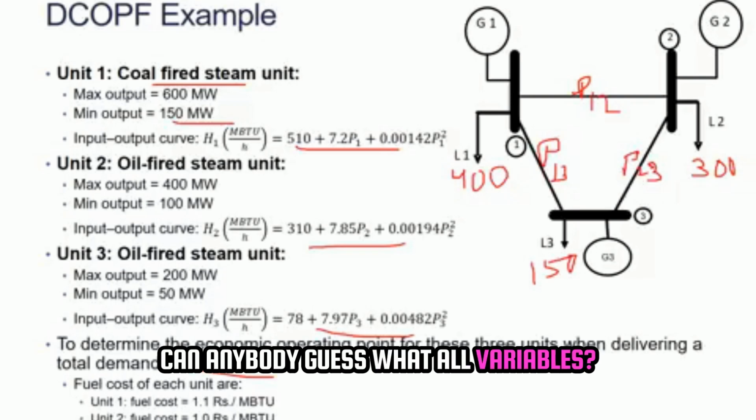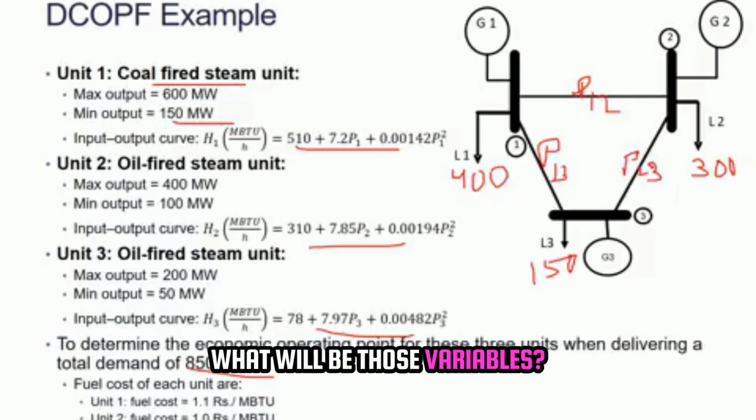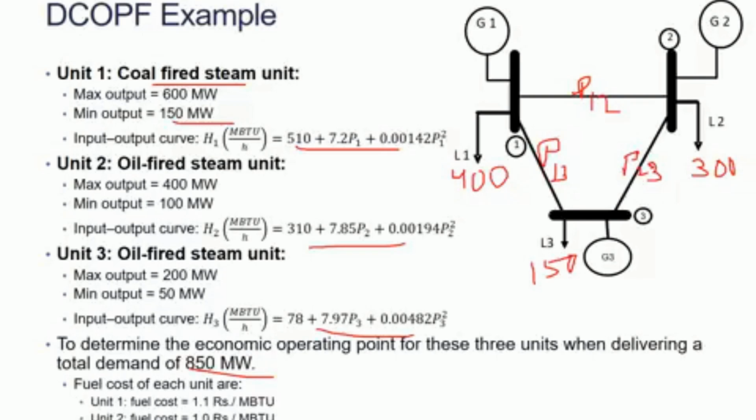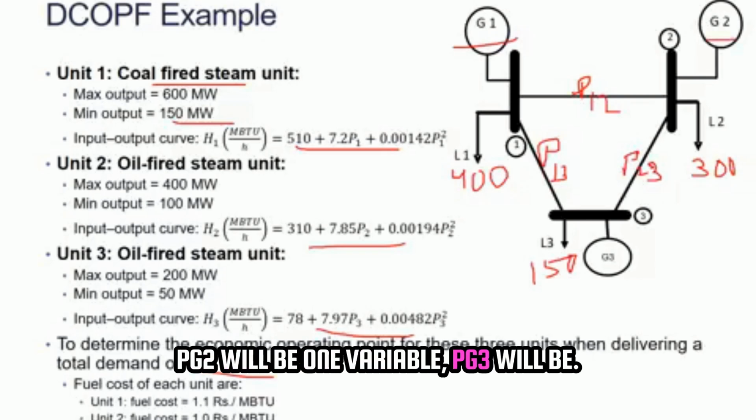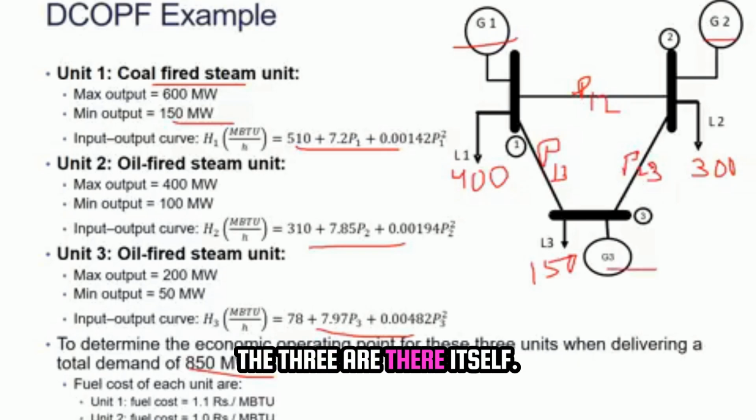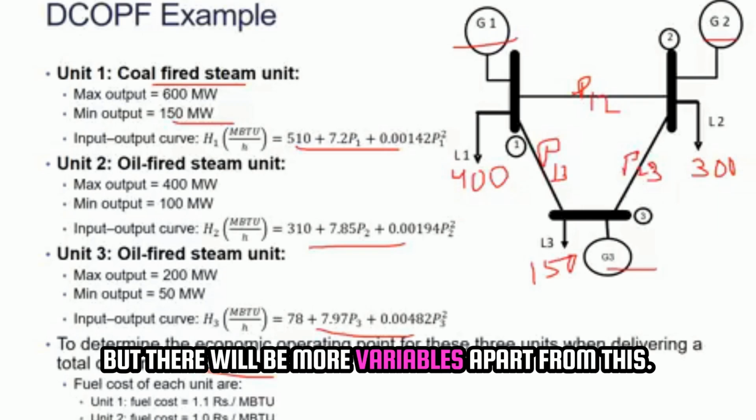What will those variables be? No, PG1 will be one variable, PG2 will be one variable, PG3 will be one. So 3 are there itself, but there will be more variables apart from this.